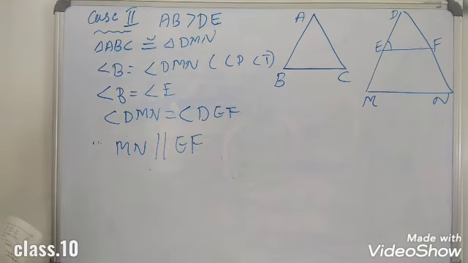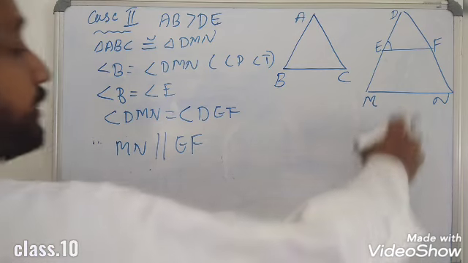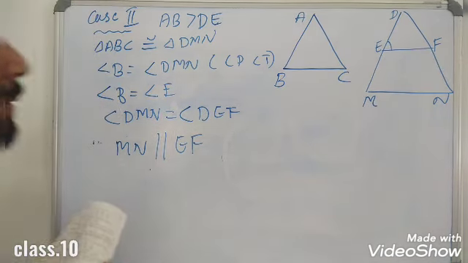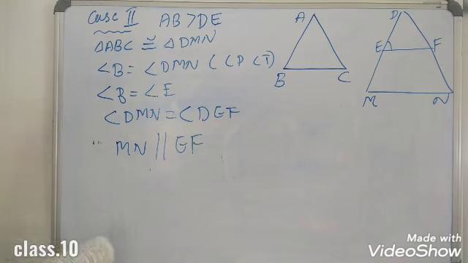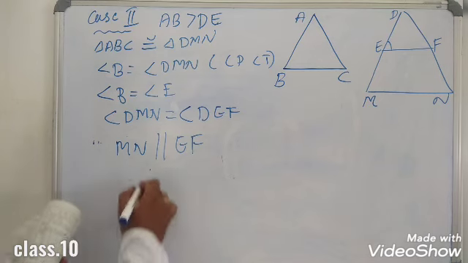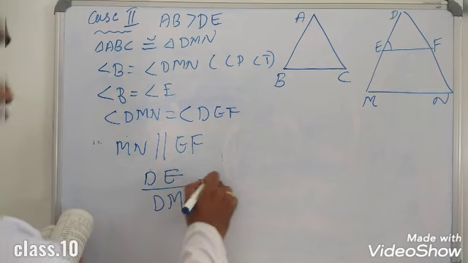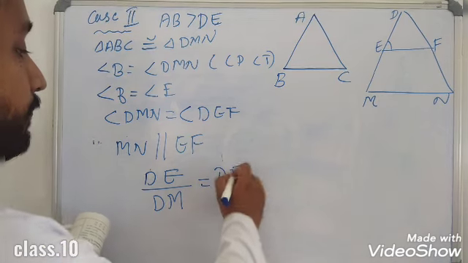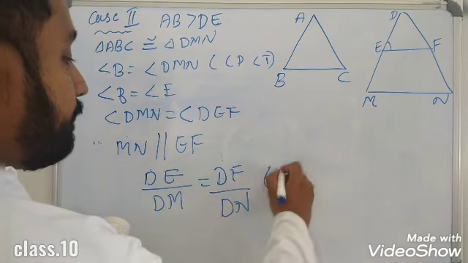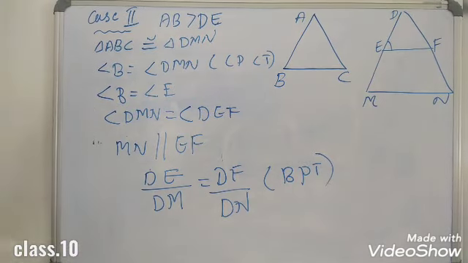Then we have BPT, the basic proportionality theorem. MN is parallel to EF, which means by the basic proportionality theorem, DE by DM is equal to DF by DN.